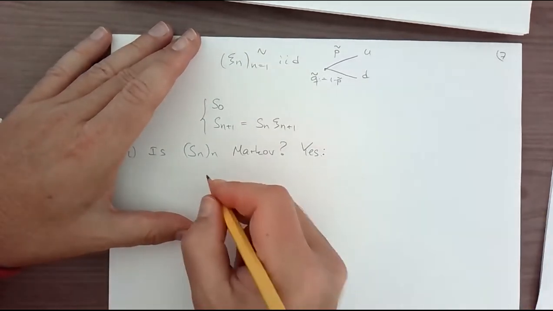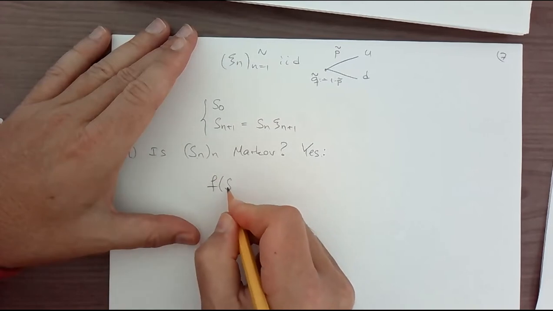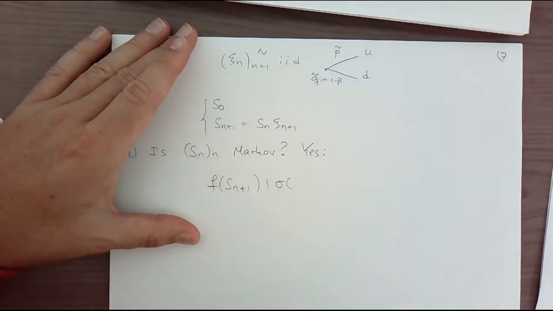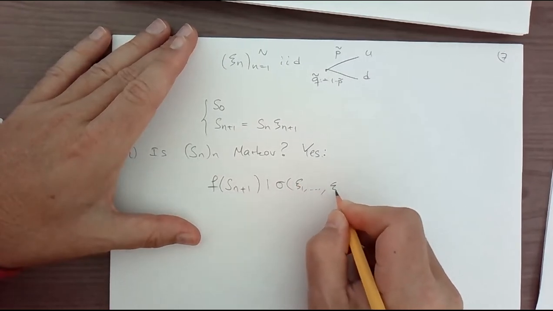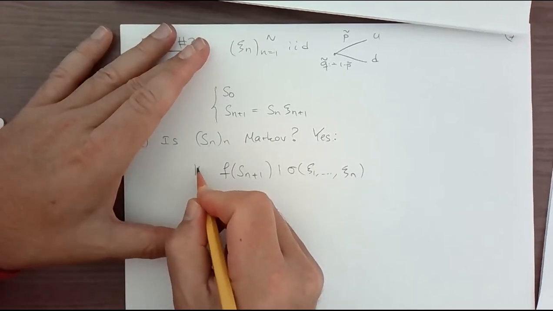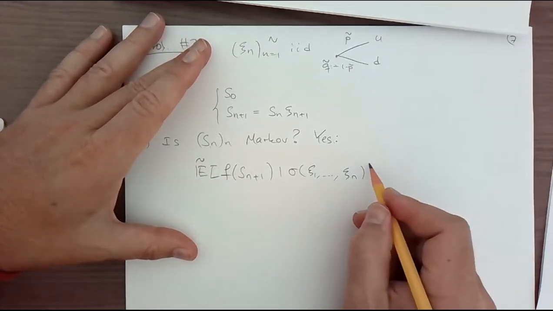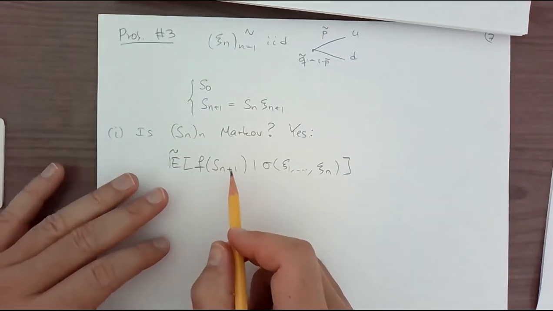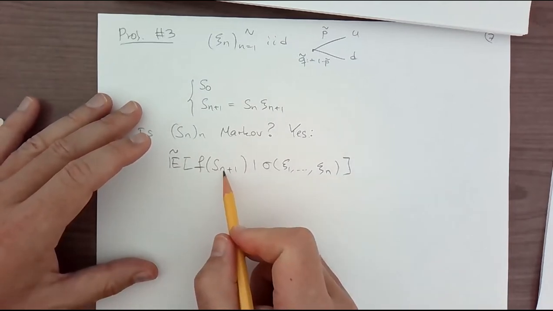You take any function f, plug S(n+1) into it, and compute the conditional expectation given the first n coin flips, under the tilde measure. For this to be Markov, this conditional expectation should just be a function of Sn.